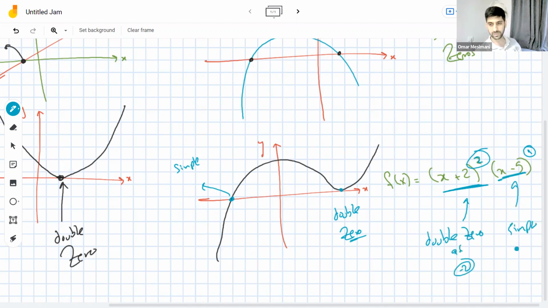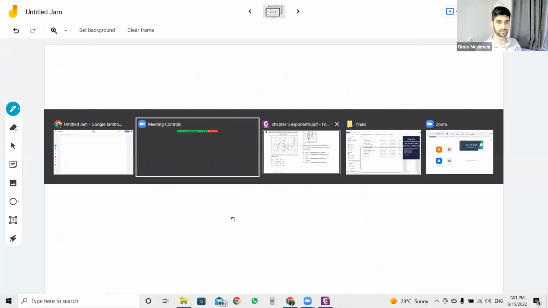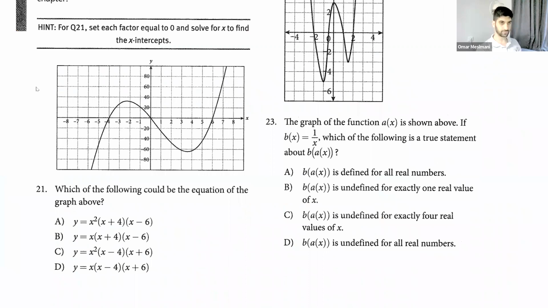A simple zero at 5. Exactly. Somehow this is it. Let's see this.